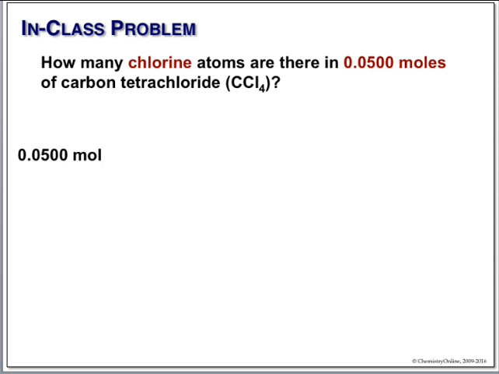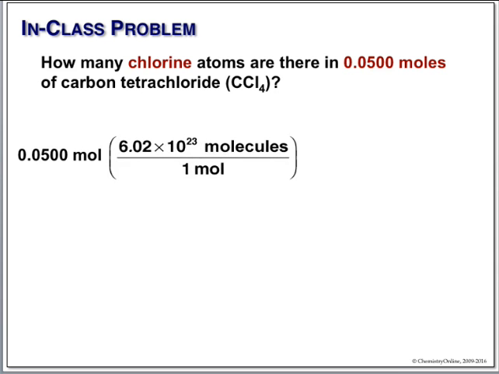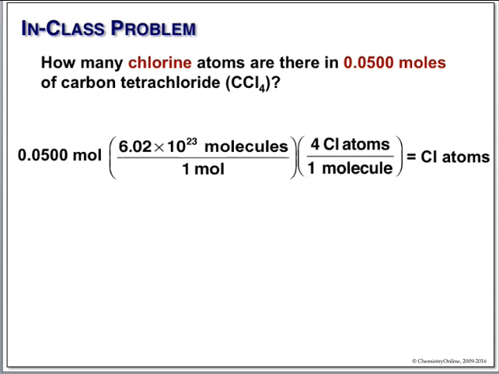So here's our given. Next we're going to put in Avogadro's number. That's molecules per mole. And next we have to put in our mole ratio, and that's chlorines per molecule. And that's 4. When we do this, we're going to cancel mole, we're going to cancel molecule, and we're left only with chlorine atoms.